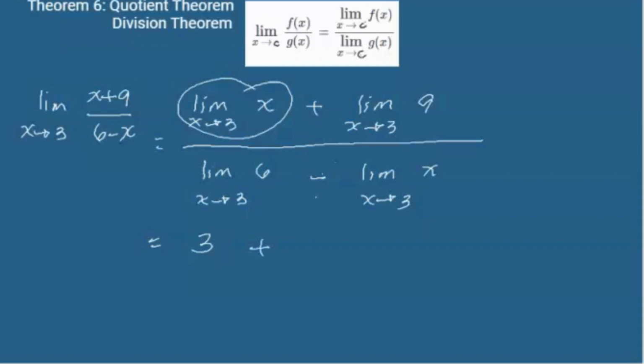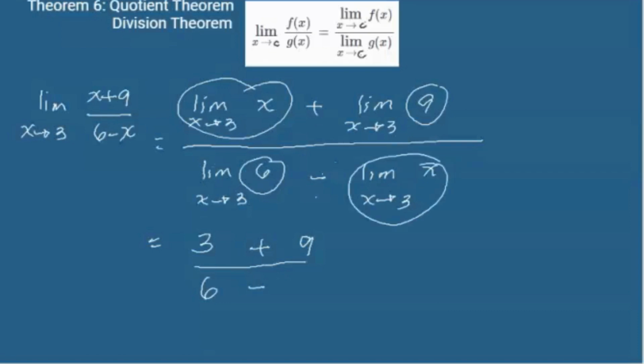Plus, this is a constant limit, so that's 9, over, again limit of a constant, it's 6, minus the limit of x as x approaches 3, that's equal to 3. So 3 plus 9 is 12 over 6 minus 3 is 3. So the answer is 4.